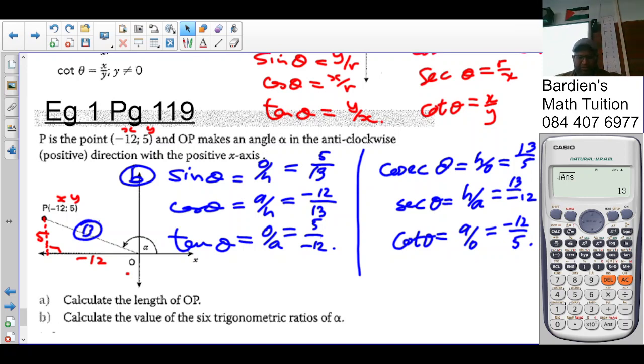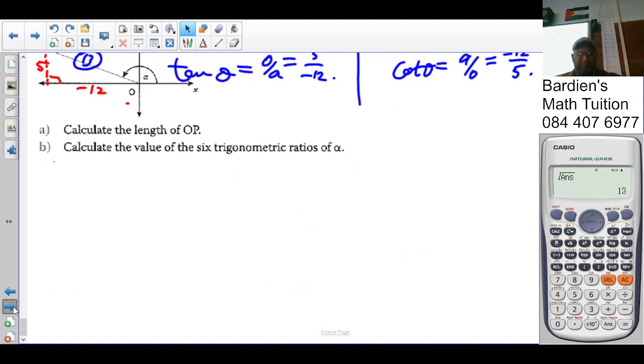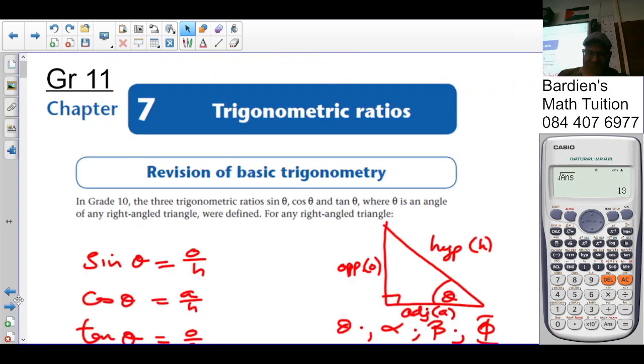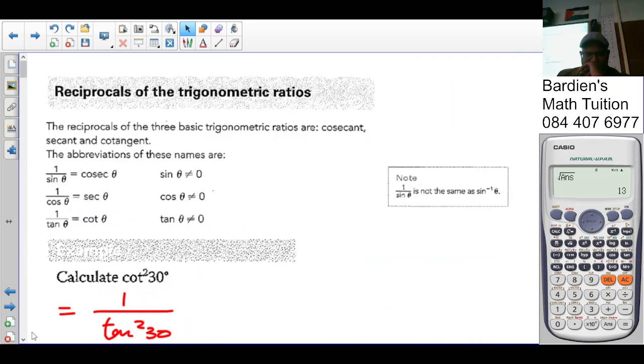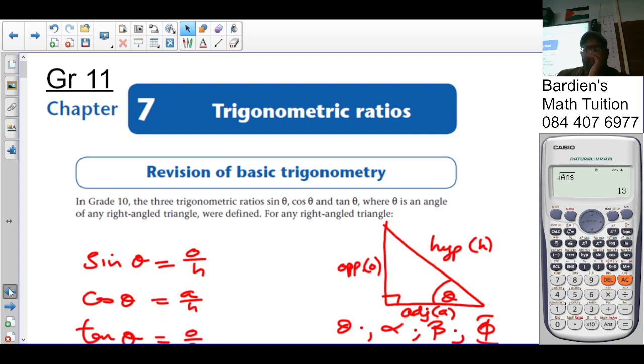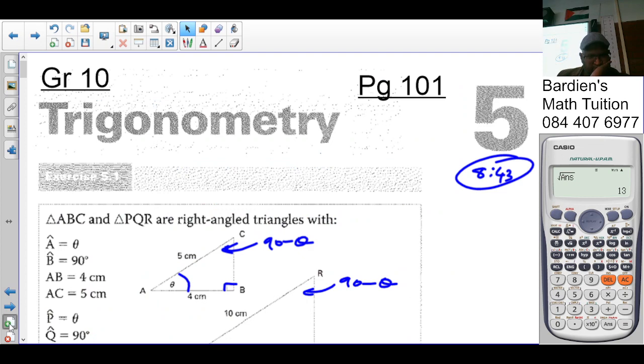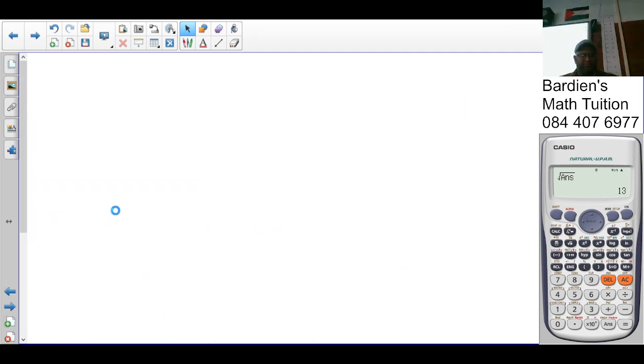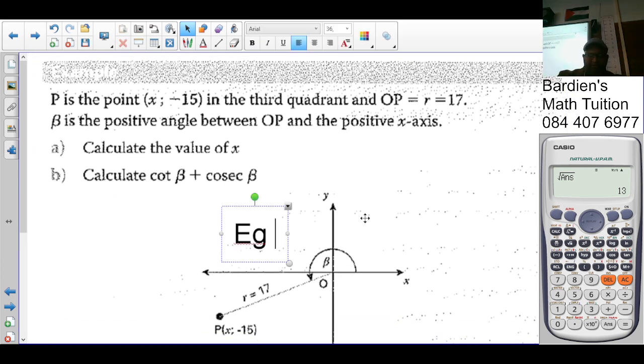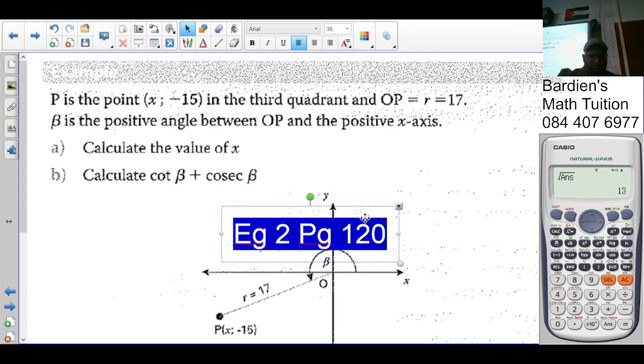Example 2, on page 120. Homework is exercise 5.8.